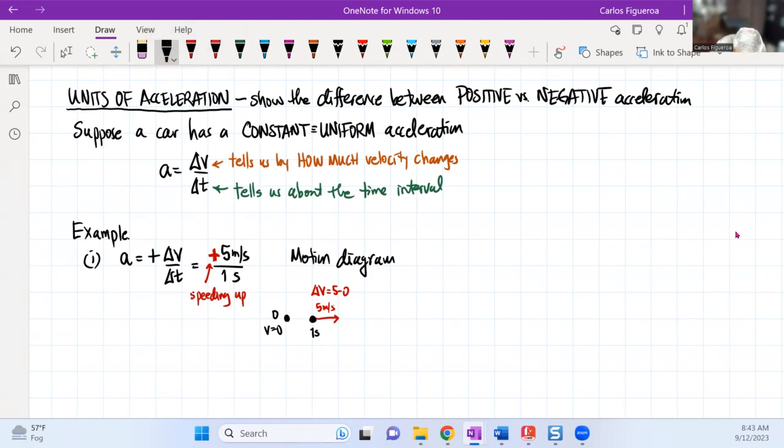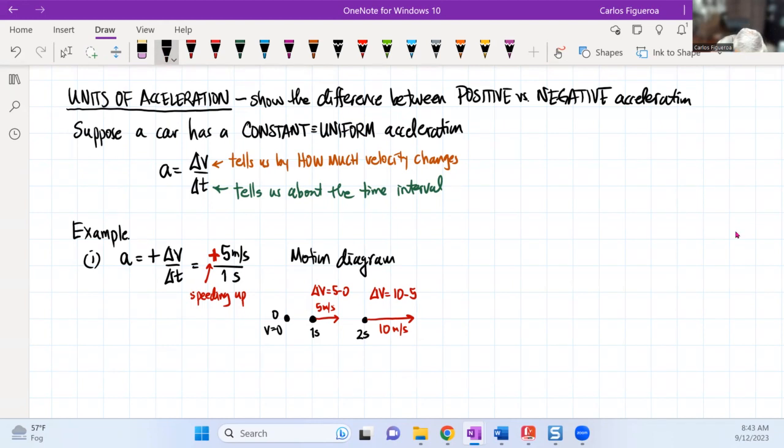After 2 seconds, now my speed has changed by 5 meters a second every 1 second. So that means my speed is going to change by 5. It's got to go from 5 to 10. Therefore, this arrow is now longer because it's now moving 10 meters a second. So you can see how it's changing by increments of 5.